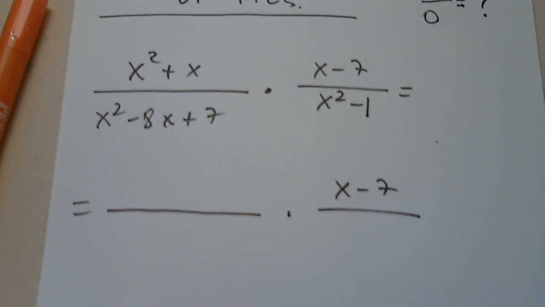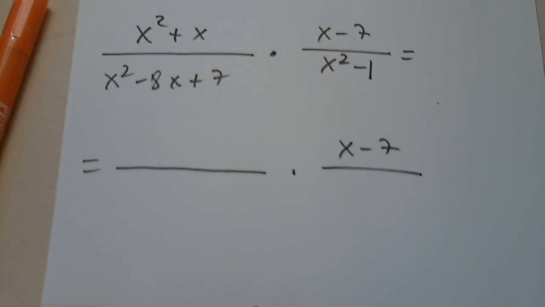But the rest have to be completely factored, otherwise we cannot simplify. Good? How will you factor x squared plus x, please? Anybody, please? X minus 1, x plus 1.